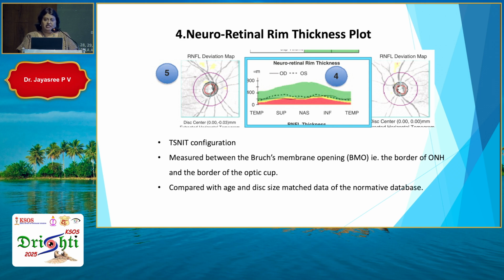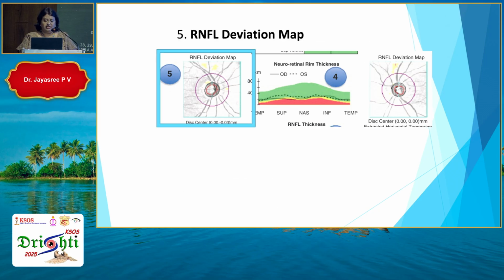And you can see that this again is age and disc size matched, and is compared with the normative database. Everywhere the data are given together so that the symmetry can be analyzed. It is very important always to look for the symmetry of the eyes in glaucoma and also the size of the disc.